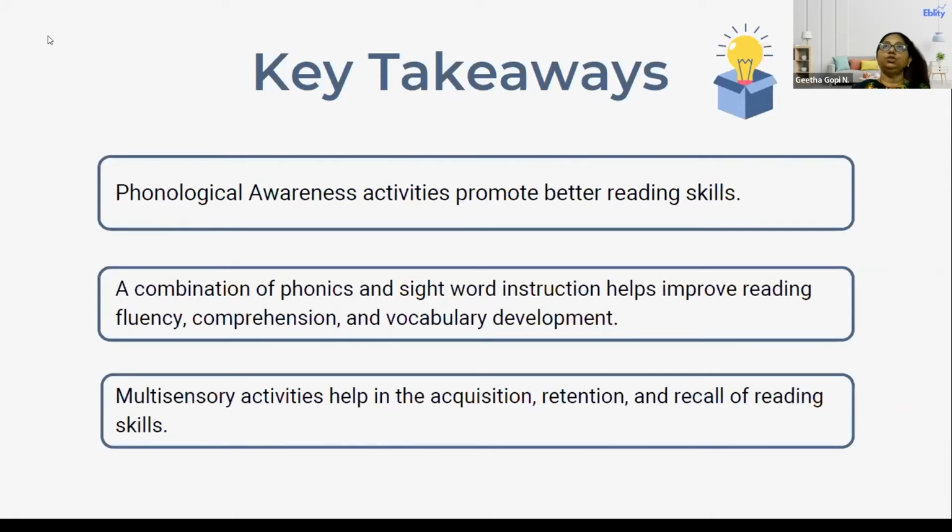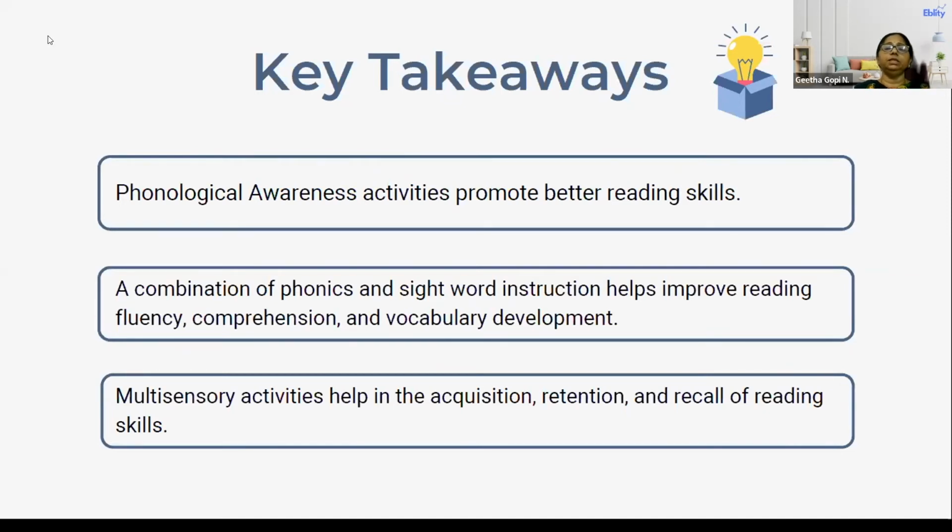And therefore, they need to go hand in hand, particularly when you're teaching English, because in English, not every word is phonetically decodable. So you need to use a healthy combination of phonics and sight words. And of course, you need to use it in context, in sentence form, in story form, etc., so that it improves comprehension, fluency, and vocabulary development.